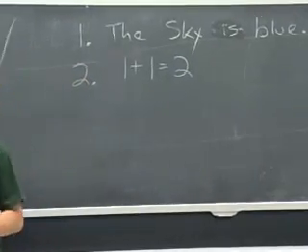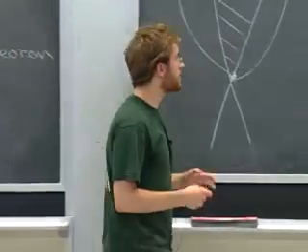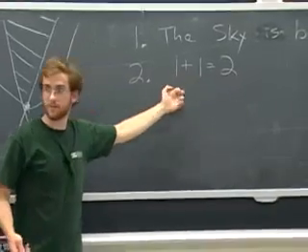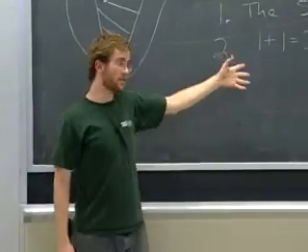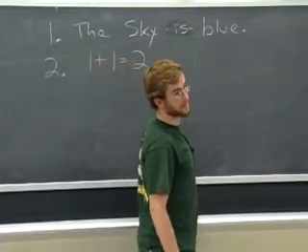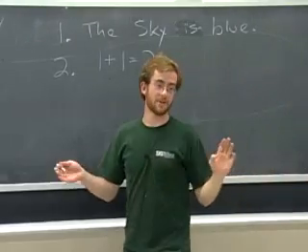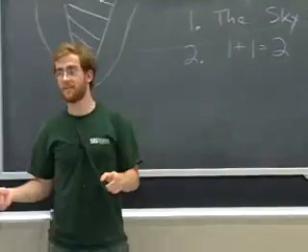So imagine, of all the possible worlds, which do you feel like is more true? The fact that the sky is blue, or that 1 + 1 = 2? The second one. So you feel like the second one should be true. Do you feel like it's true in all possible worlds? It has to be. So you don't think there's any universe out there where 1 + 1 could not equal 2? Okay. What about anybody else?